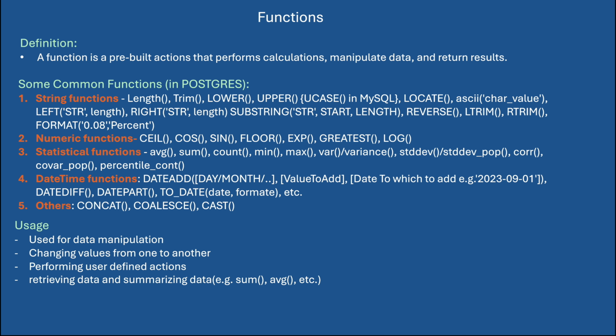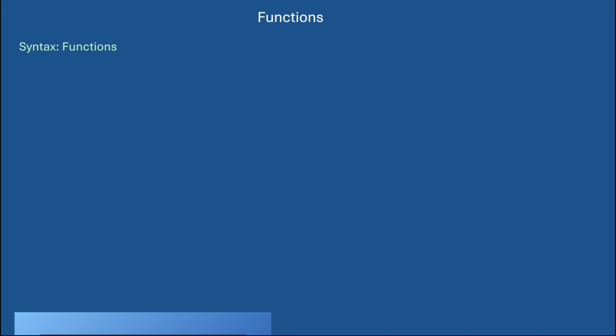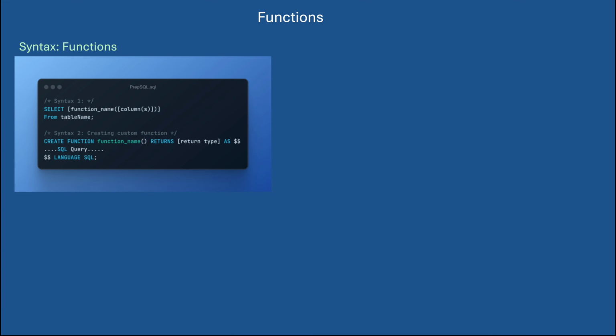So what are the uses of functions? Functions are used for data manipulation and changing values from one to another, performing user-defined actions, retrieving data and summarizing data, and we can also have user-defined functions. Let's look at the syntax of a function. A function can be built-in or user-defined.